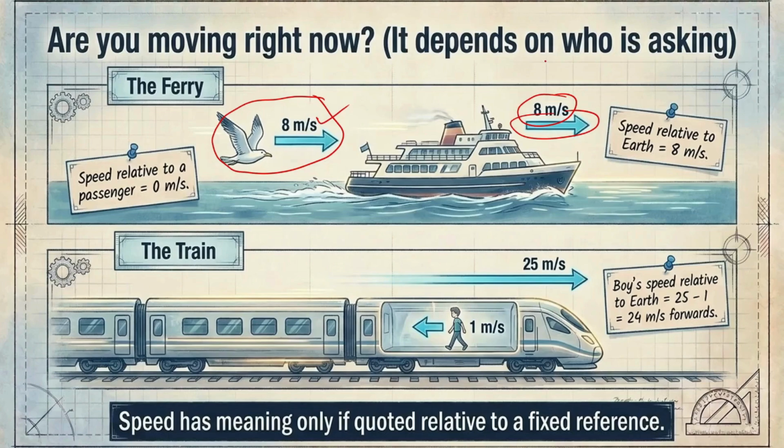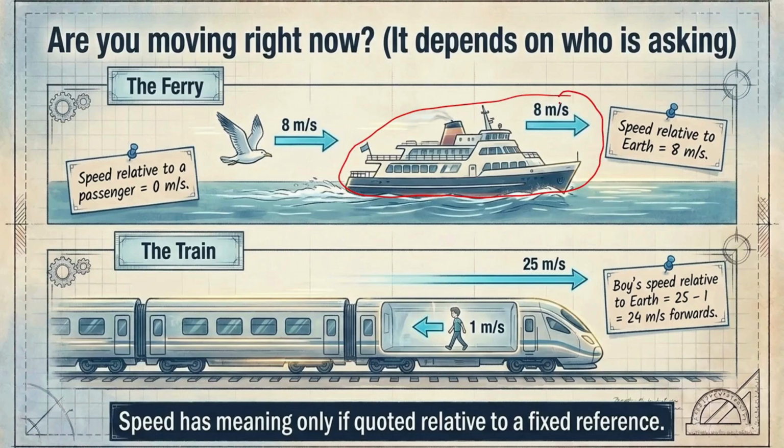Now the person standing on the surface also sees that your ferry is going with this speed and direction. But you may feel you are stationary on the ferry, and you see that the person standing on the earth is going in this direction with 8 meters per second.